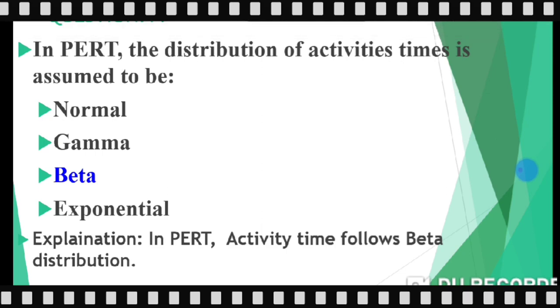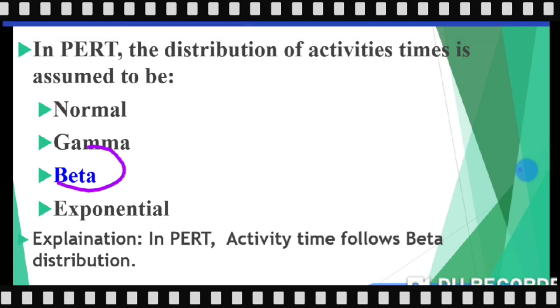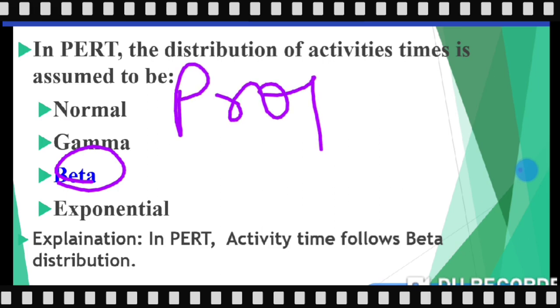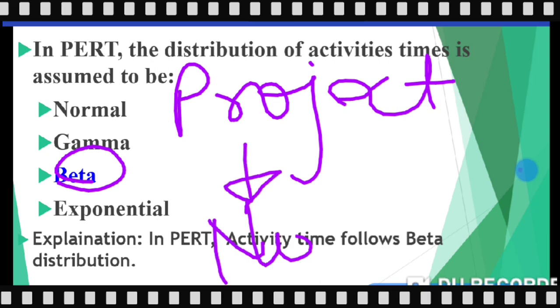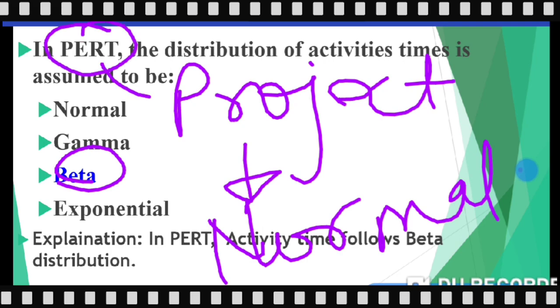For activity, beta distribution is followed, and for project, normal distribution is followed.